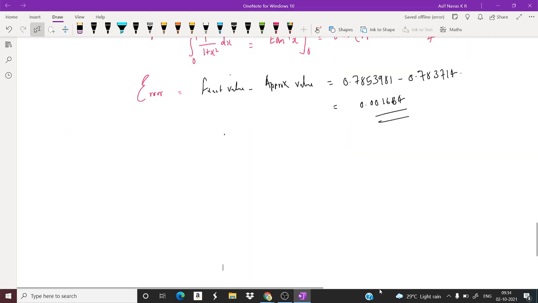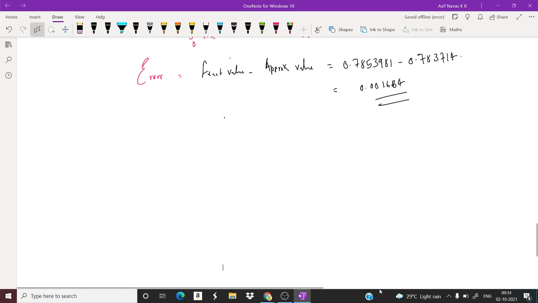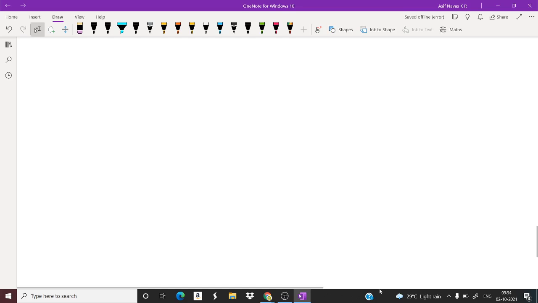Now there is one more numerical integration technique which is more accurate than the trapezoidal rule, that is Simpson's rule. Now we will move to what is called Simpson's rule.